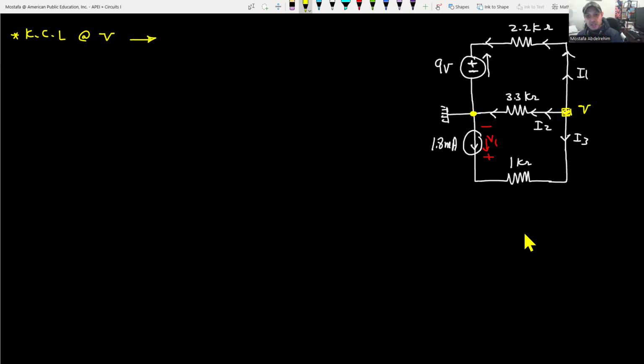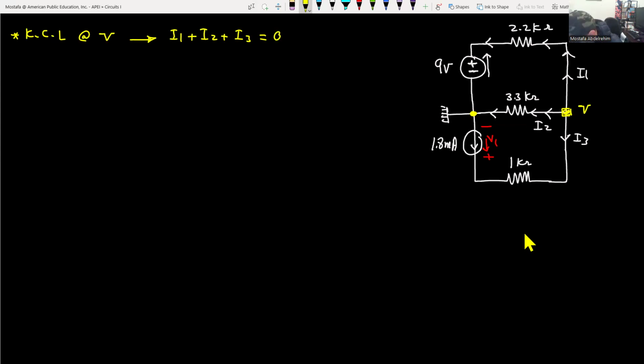Again, KCL means the current going into the node equals the sum of the currents going out of the node. Here, all the currents are going out, so I1 plus I2 plus I3 equals the current going into the node. No currents are going into the node, so their sum is zero.